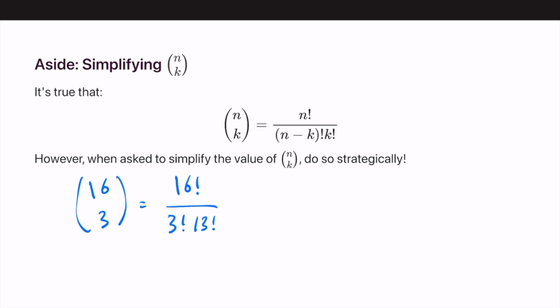So let's go ahead and think about this. If we have 16 factorial, that's like saying we have 16 times 15 times 14 times 13 factorial. And this is now over 3 factorial and 13 factorial. So the 13 factorials can cancel.